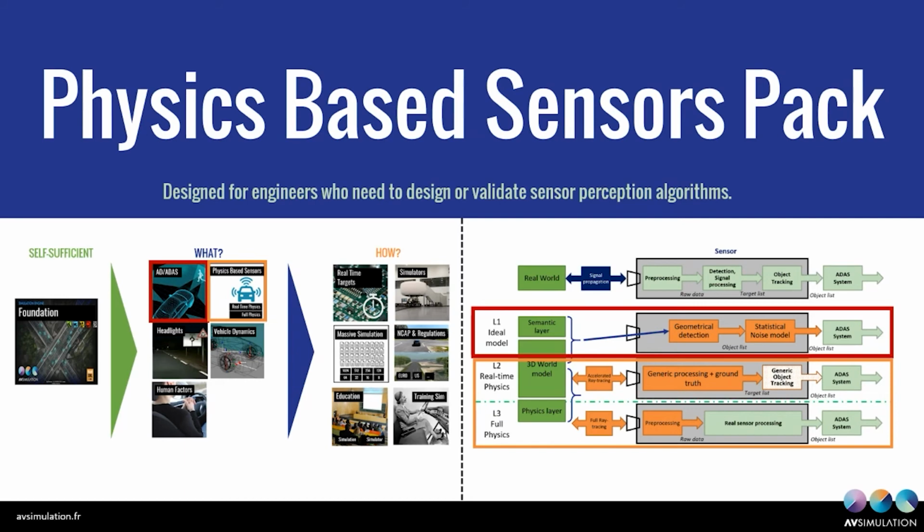Or you can also mix a level 3 with a level 2. You just need a good computer to launch these different modules, but there is no limit on which sensors you can use. You can mix them.